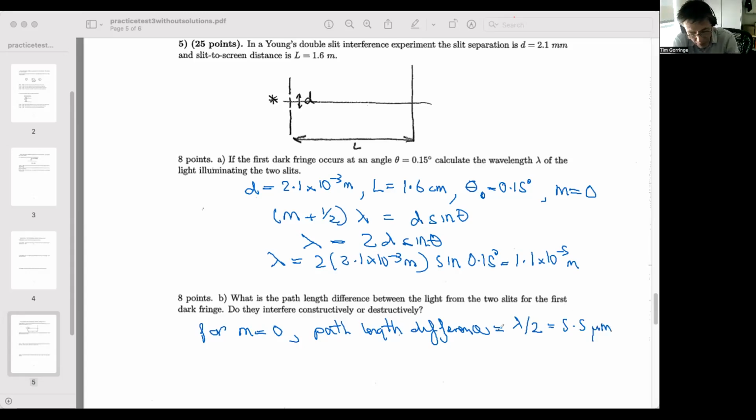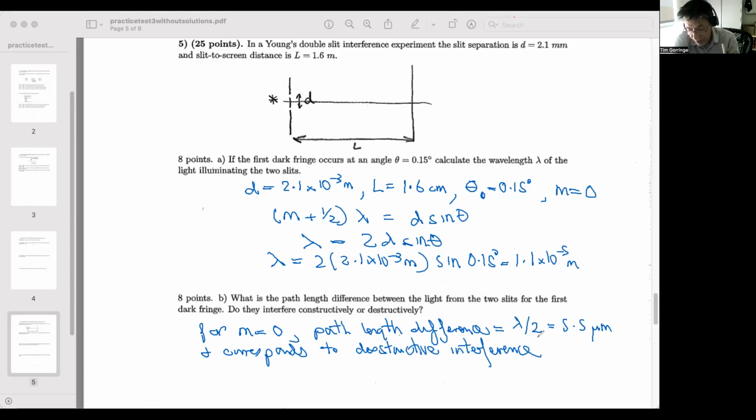The second part of the problem asks, does this path difference correspond to constructive or destructive interference? It corresponds to destructive interference. When the light ray from one slit is a crest on the screen at this angle, the light ray from the other slit is a trough at the screen.